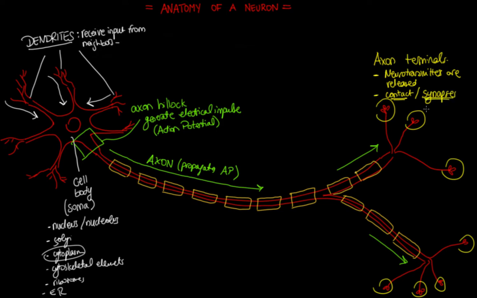So it synapses with neighbors. And so these neighbors can be neurons, can also be muscle cells, because neurons can relay information and commands to muscles, or to glands. So the axon terminals are the site at which a neuron will connect with other cells and release its neurotransmitter.